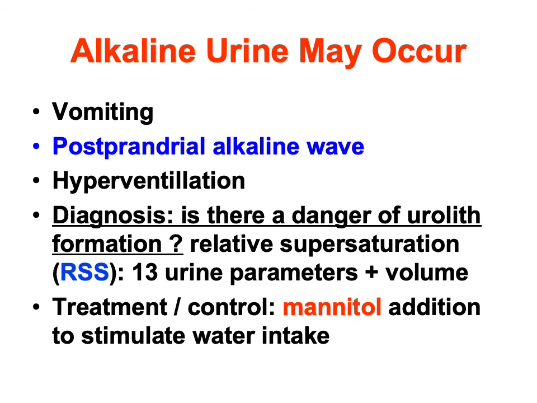To diagnose whether there is a danger of formation of urinary stones in alkaline urine, we can use the relative supersaturation, RSS, which is 13 urine parameters plus the volume of the excreted urine.